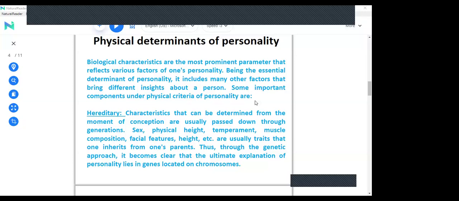Then the next step is that behavior creates some changes in her own personality.